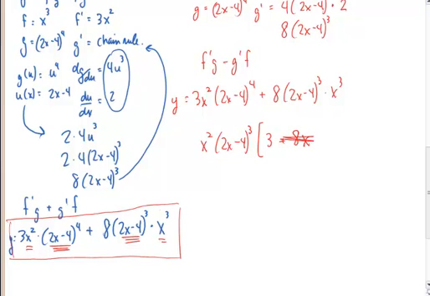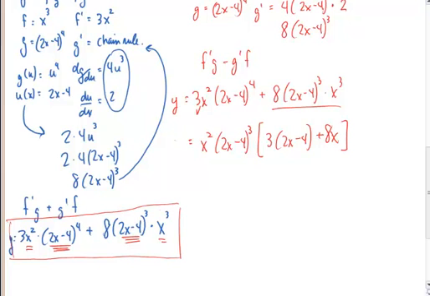Oops, I have to make sure I do this correctly. I have a 3 left behind. I have a 2x minus 4 left behind. Plus, when I look at this term, I'm going to just have an x left behind, an 8, and I've already pulled out the 2x minus 4 cubed.